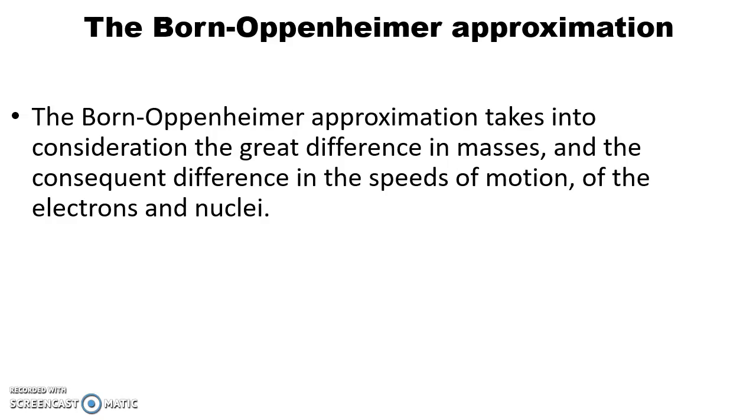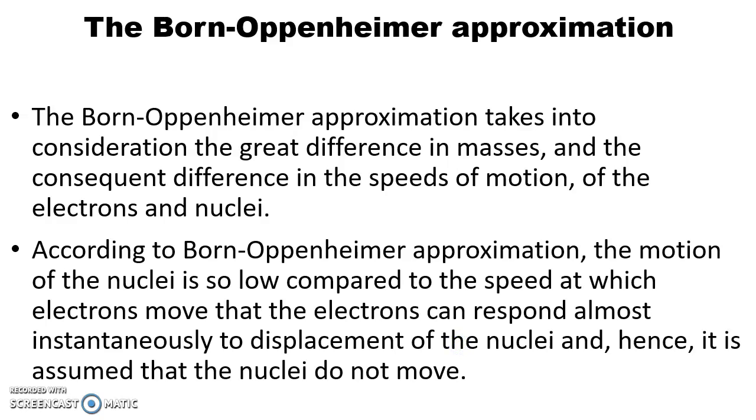We know that the nuclei are much heavier than electrons, and hence they assume that since electrons move much faster than the nuclei, the nuclei can be considered static, that is, the nuclei do not move, it is the electron which moves. So we can say that the spectroscopic transitions happening are mainly due to the movement of electrons from one energy level to another.